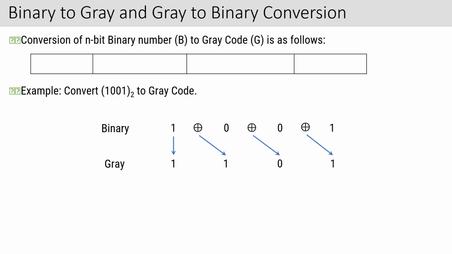Did you understand what to do? You are having this binary number. The first digit you write as it is. Then you will perform this exclusive OR operation. 1 exclusive OR with 0, 1 0 gives 1. Then 0 0 gives 0, and 0 1 gives 1. So this is the conversion of binary to gray.